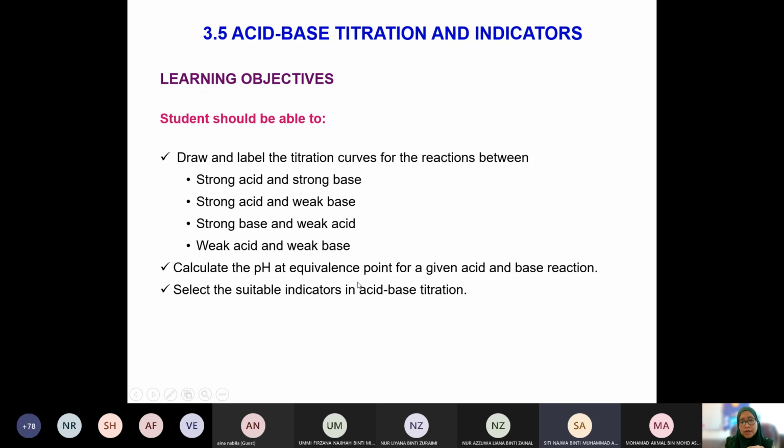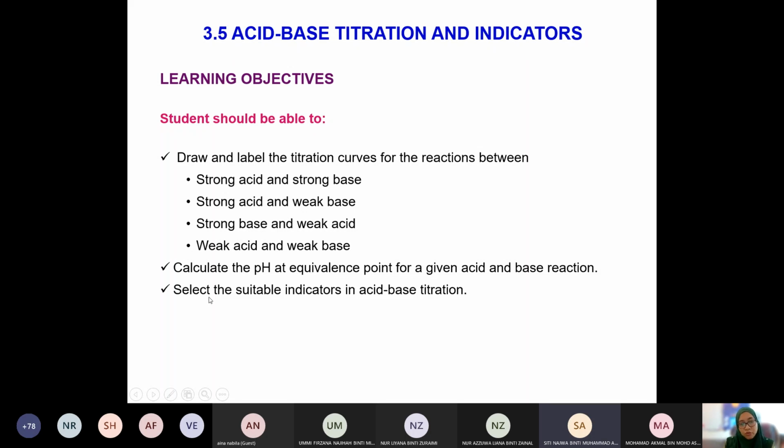At this point, we have a pH that you need to calculate, for a given acid and base reaction. This is very important. This is quite a famous question. You can say 90% it will come out in the exam, for the equivalent point.